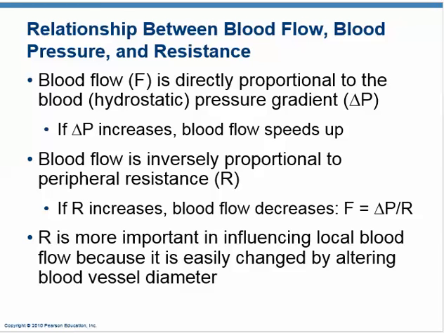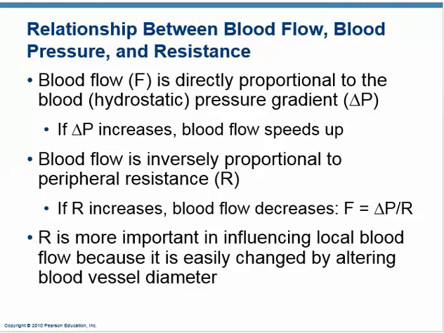So this is really that formula that I put on the board before. Remember I said that the amount of milkshake equals delta suck over straw? This is the same thing. The amount of flow, the amount of blood flow in each area is directly related to the delta P, the difference in pressure from two areas, and over the resistance.